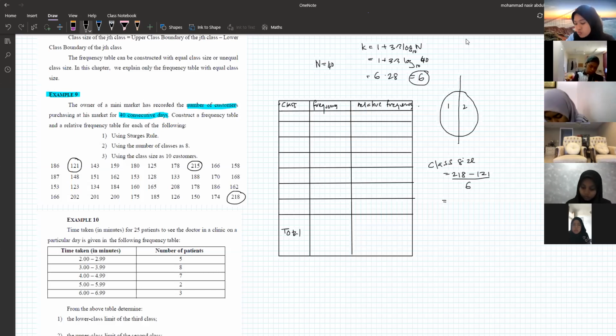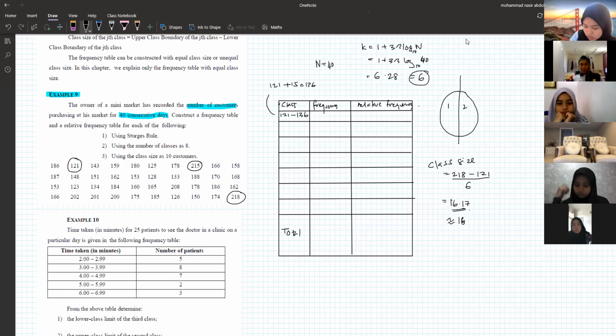So the lowest data value is 121, and we need to add another 15. 121 plus 15 equals 136.